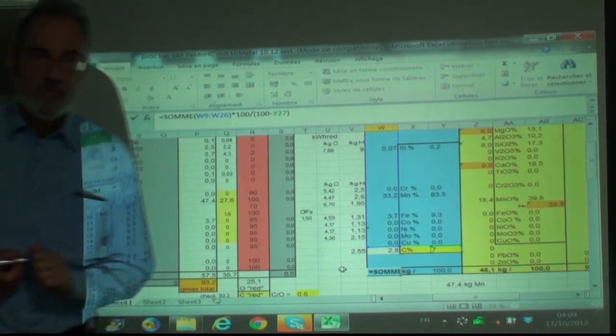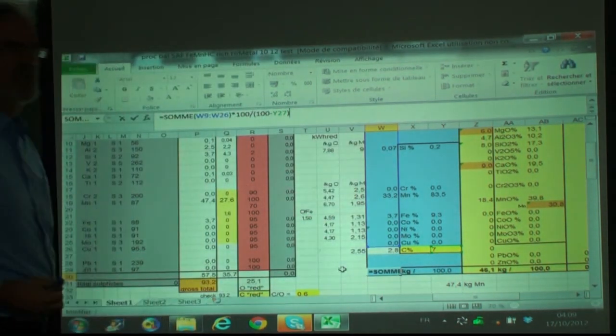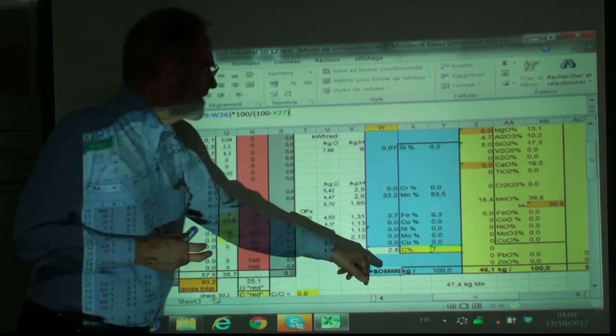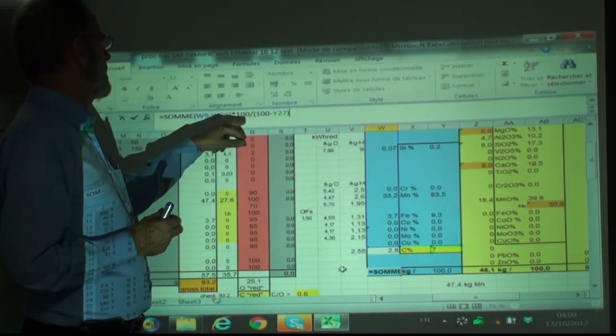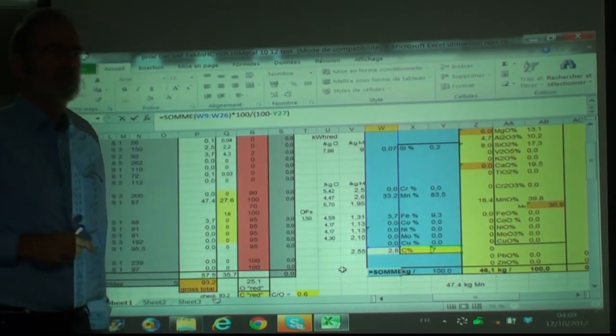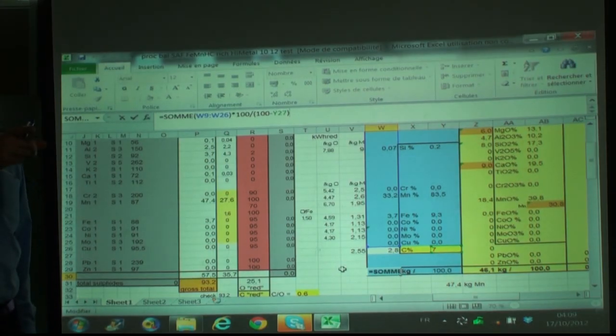So the sum I have added in my addition is representing 93%. So the 100% is the sum multiplied by 100 over 93%. Agree? Yes.